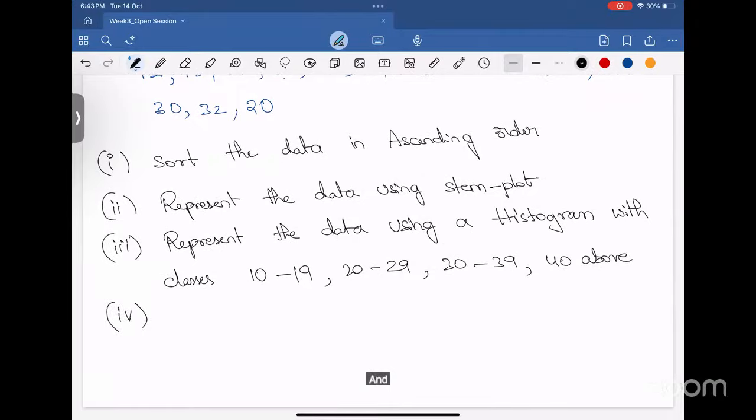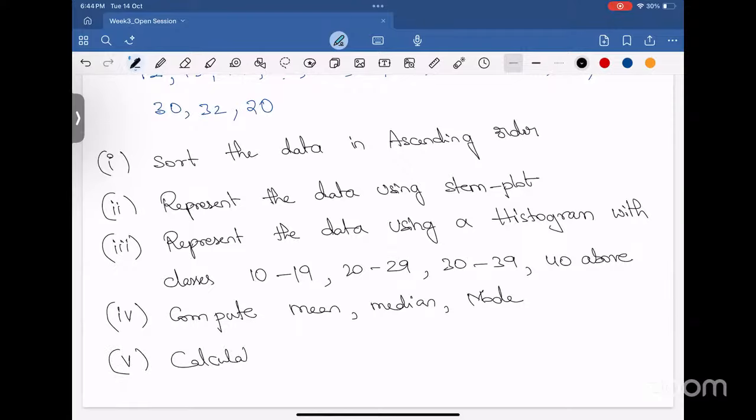And the fourth one, compute mean, median, mode, and calculate Q1, Q2, Q3.